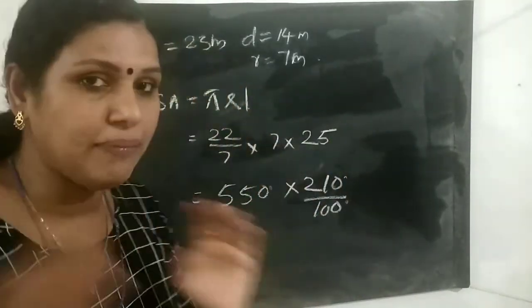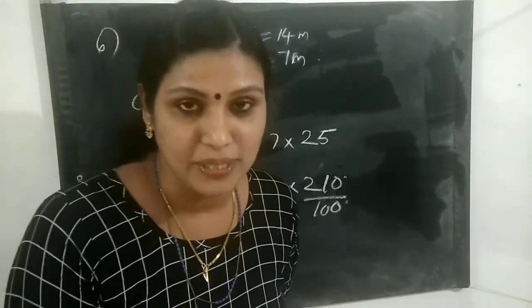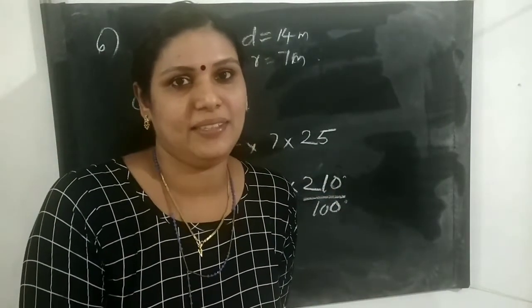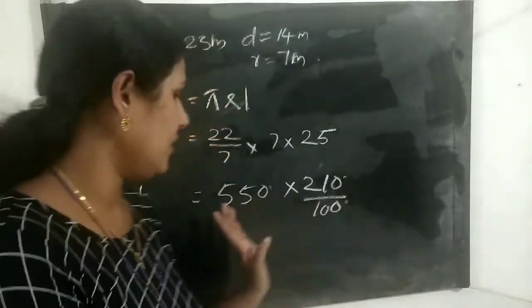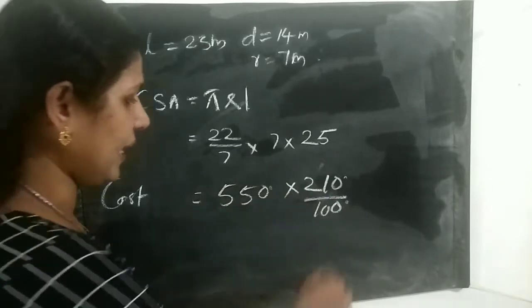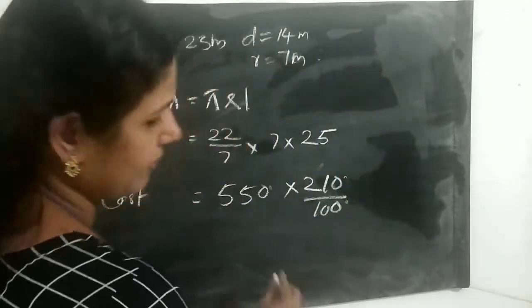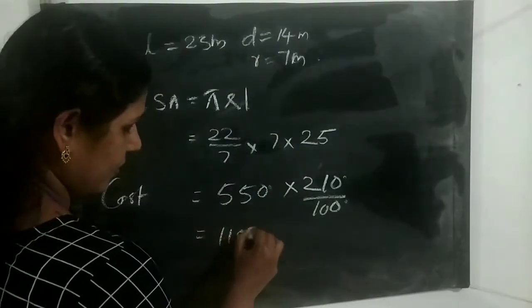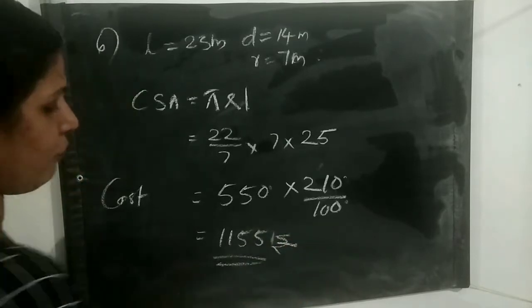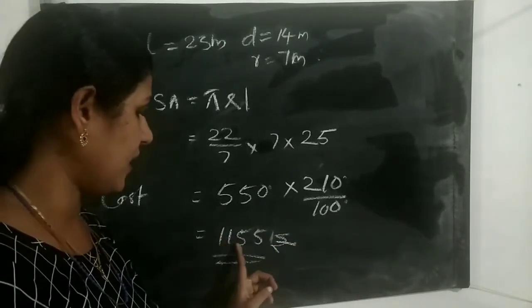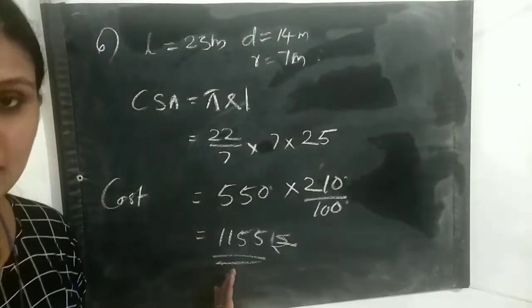If it is per meter square, then there is no need for this 100. But here in this question it is per 100, so that's why I divide by this. Understood? Now you calculate this. Then you get the cost as 1155. You just check the answer.